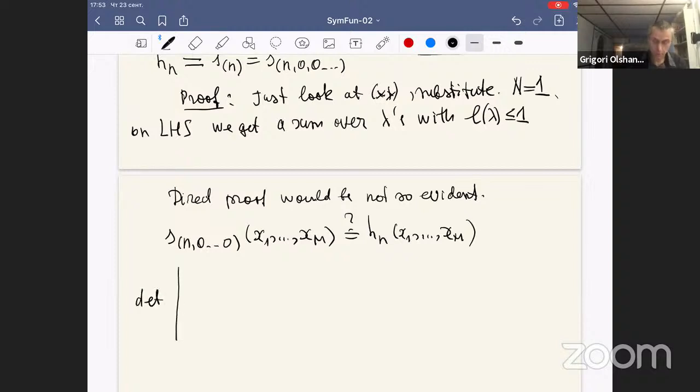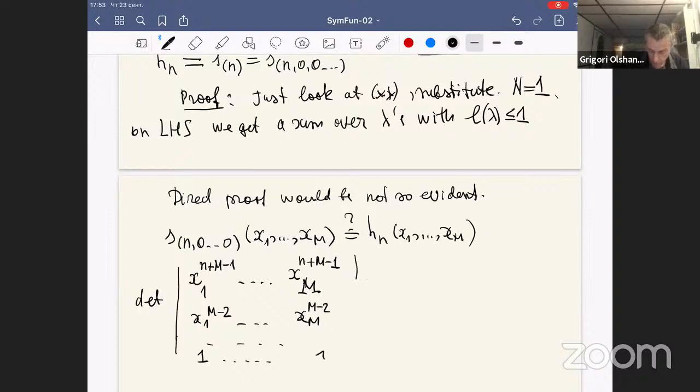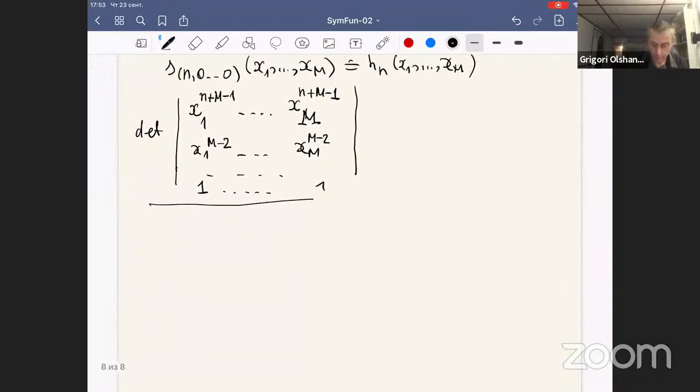Take the determinant and put here x1 to the power n plus m, and divide by the Vandermonde.